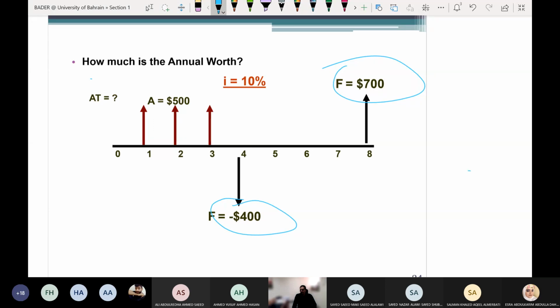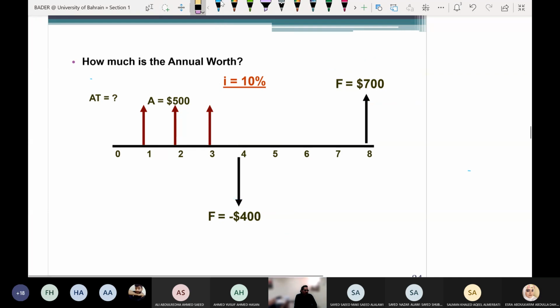Another student says 700 find A given F, 10%, 8. Now let's take this answer, which is just this part, which is Sayyid. Okay, Sayyid just did the following.